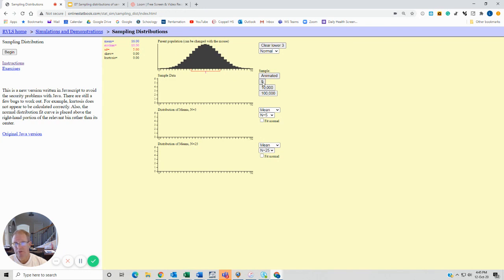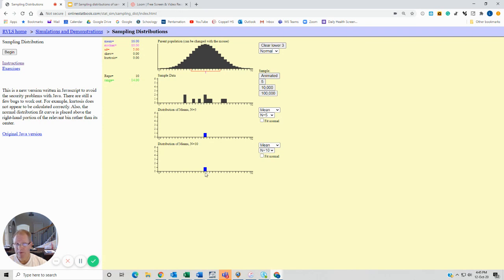And I want to take a sample of size 5 out of this, and we'll take a sample of size 10 out of this. And I'll show you what's happening here. So we're taking a sample of 5, and that generates one mean right here. Then we take a sample of 10, and it generates a different mean right here.